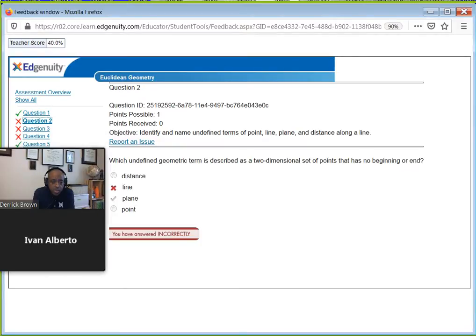So with this question, there's nothing else to get than that a two-dimensional set of points with no beginning or end is defined as a plane. It's a definition. Yeah. So in definitions I could look back at my notes and find a definition. But for questions with the graphs or with the actual planes, I feel like I wouldn't do well on those.